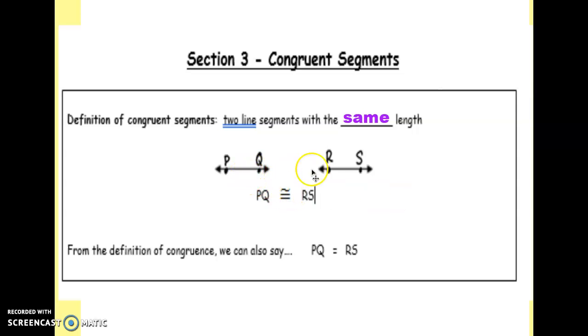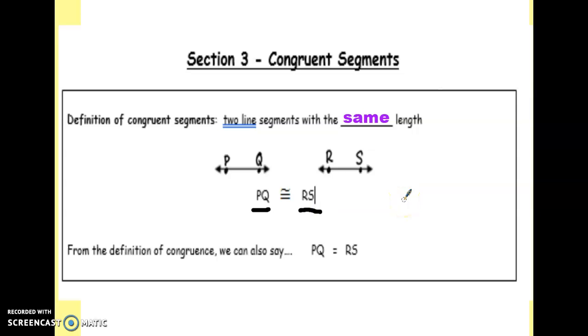So looking at this example, if I had two pictures, exactly the same lines here, line PQ and line RS, if I got out a measuring tool, or in this case, they were just copied and pasted with some different letters, they are exactly the same in length. So here would be how you'd write the congruency statement. Segment PQ is congruent to, notice the symbol, it's an equal sign with a little tilde or squiggly above it, segment RS.